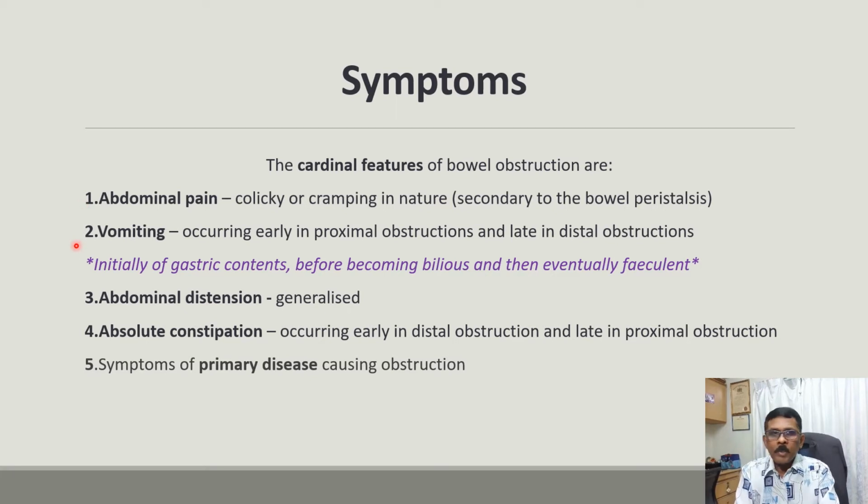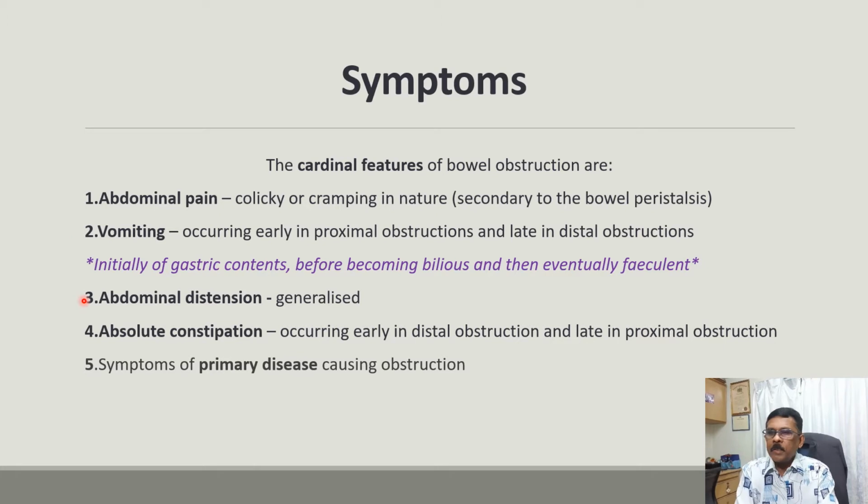Then you have vomiting, which occurs early in proximal obstructions and late in distal obstructions. Initially, as I said just now, the vomitus is gastric or food contents, undigested food, before becoming bilious, and then eventually it may become feculent.